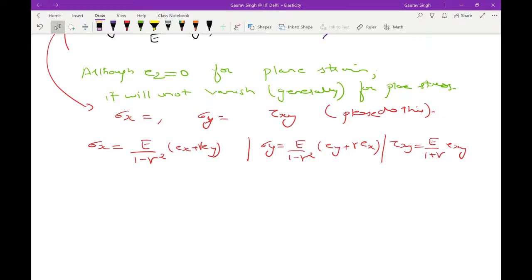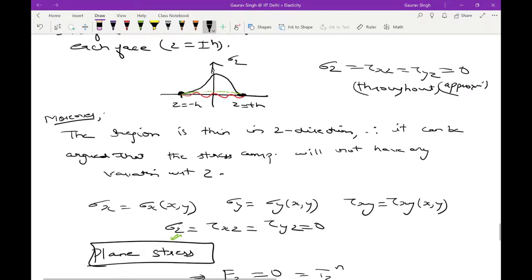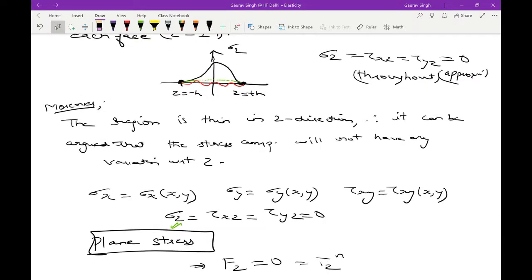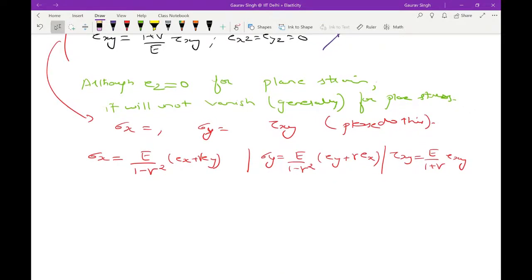So once the stress is found in terms of strain, or the strain is found in terms of stress, you can now invoke the strain displacement relations. The reason we had to go this way is because we started off with stresses this time, unlike plane strain where we started off with displacements.